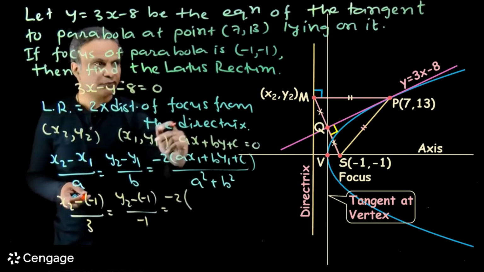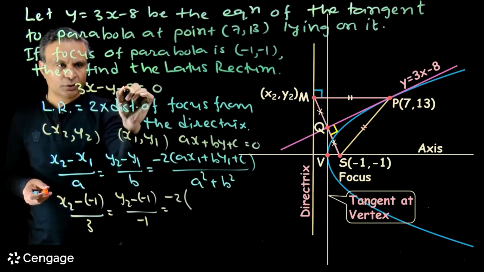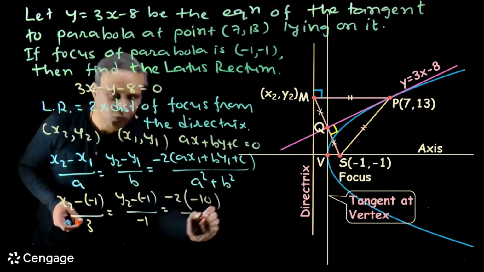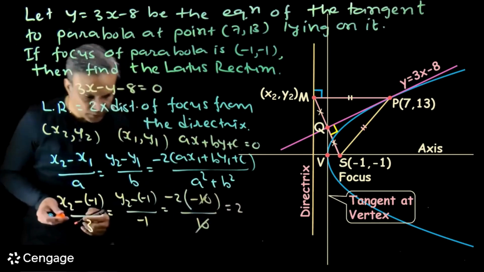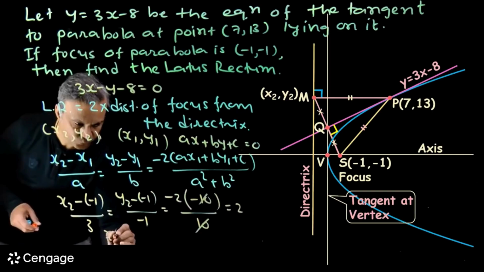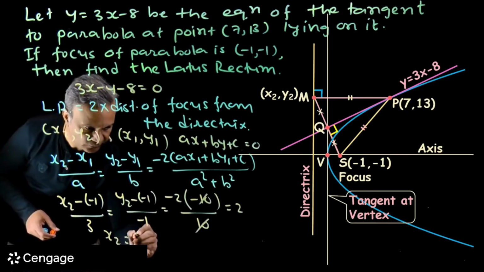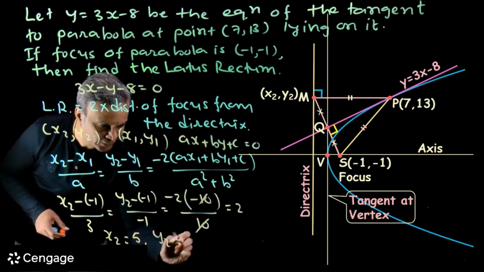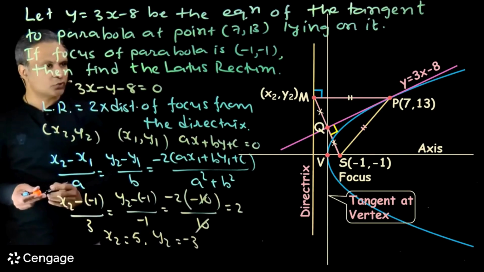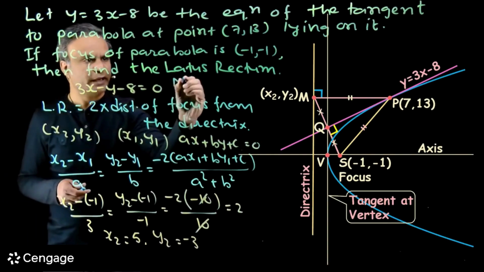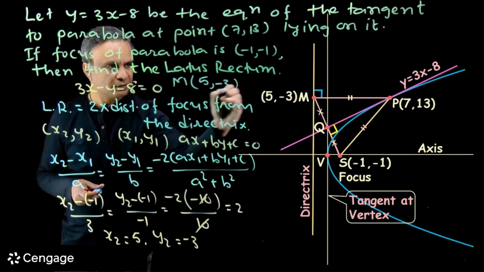Here x1 is minus 1 and y1 is minus 1, so we will have minus 3 plus 1 minus 8, that is minus 10, over 9 plus 1, which is 10. The 10 gets cancelled out, so this will be 2. From this comparison we get x2, the abscissa of point M, as 6 minus 1, that is 5, and y2, the ordinate of point M, as minus 2 minus 1, that is minus 3. So we got the coordinates of point M: (5, -3).